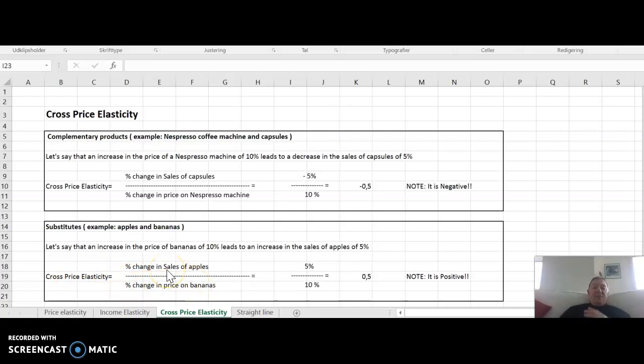What kind of change will it give us in the number of units sold of apples? It will increase by 5%. We start buying apples instead of bananas. So therefore, the elasticity is 0.5, and it is positive. Remember that.